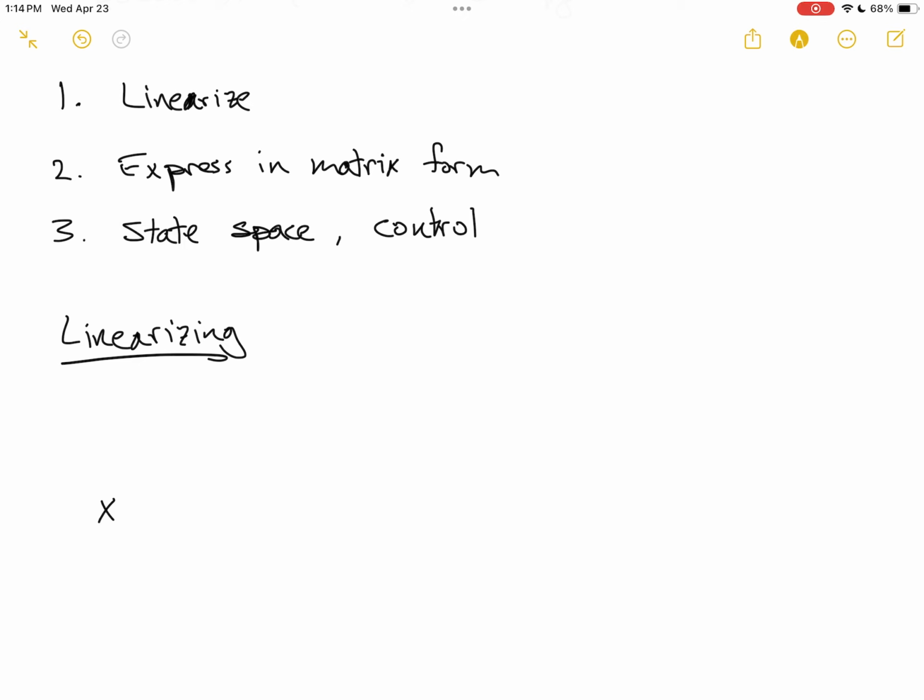Usually you would do that by setting your derivatives x double dot equal to 0, theta double dot equal to 0, and we'll go ahead and say that theta dot is equal to 0, x dot is equal to 0, and we'll just choose an arbitrary position.